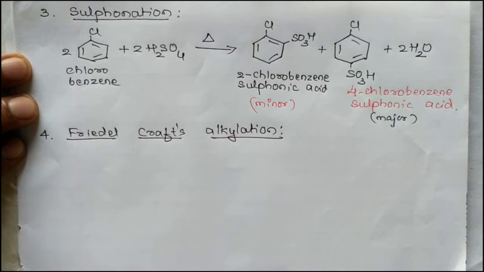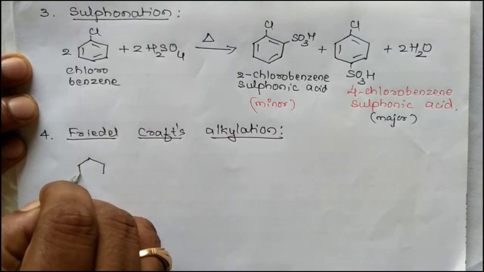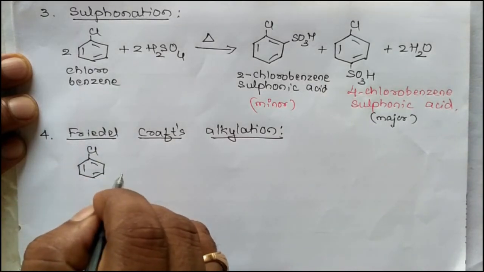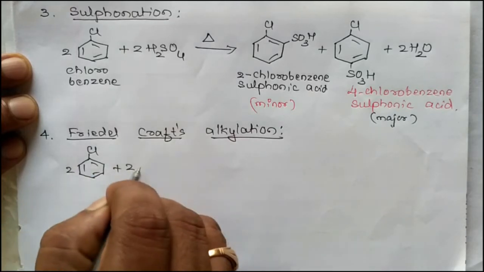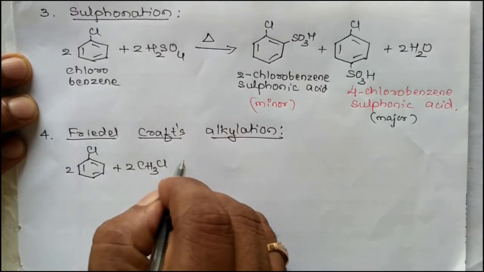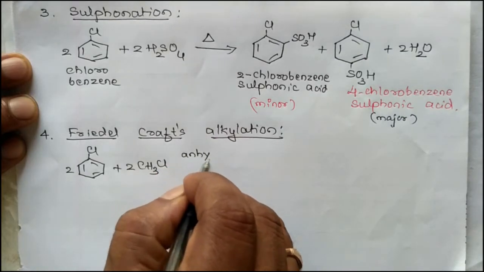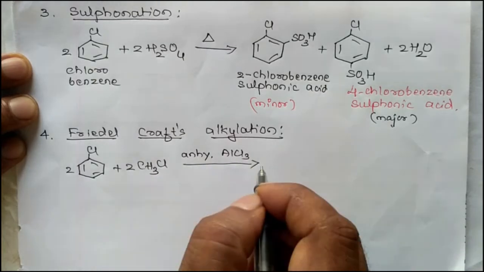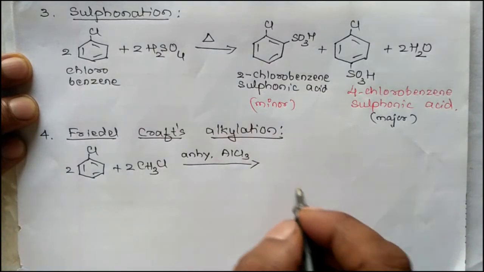When chlorobenzene is heated with methyl chloride in the presence of anhydrous AlCl3, a mixture of ortho and para chlorotoluene is obtained.